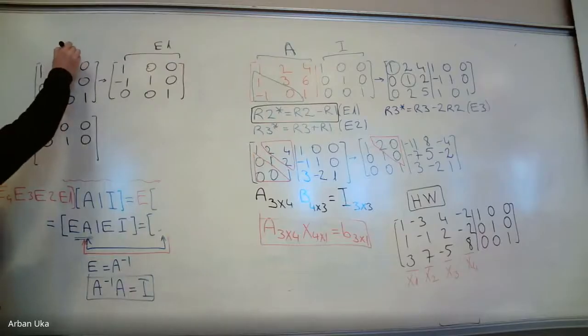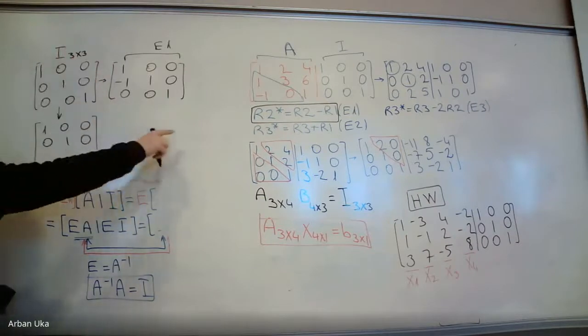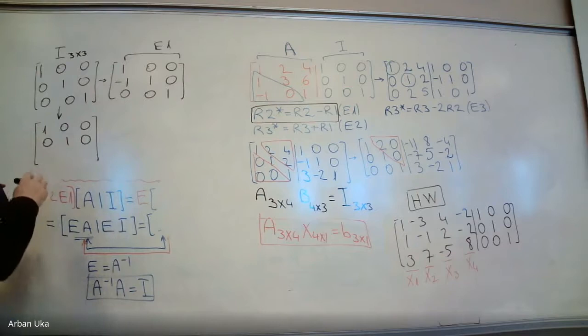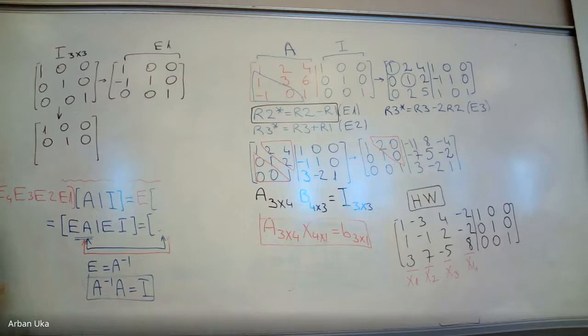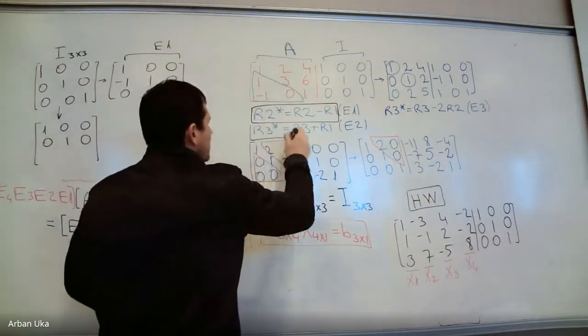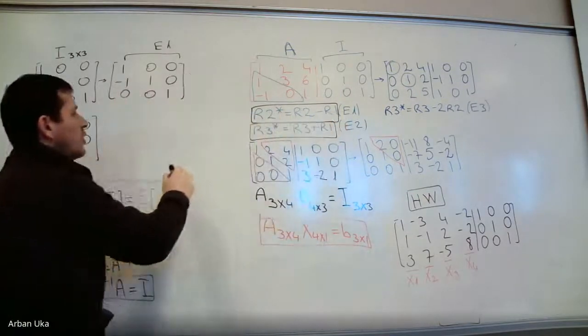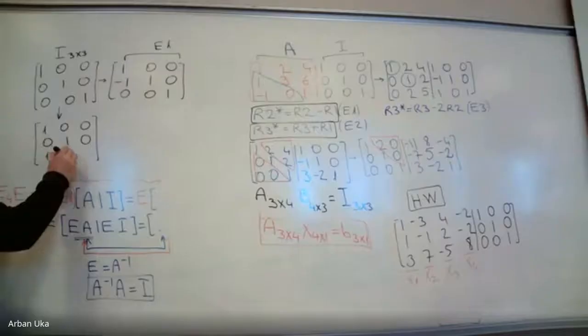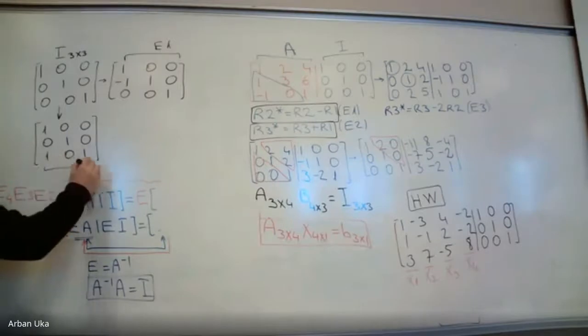Identity matrix 3 by 3, and then we apply this elementary operation, we get this. That's true. So what should we get here? Row 1 plus row 3. Okay, can you do this? I'm asking, if we apply this elementary row operation on this identity matrix, what do we get? 1, 0, 1. Yes, 1, 0, 1. Here we have E2.